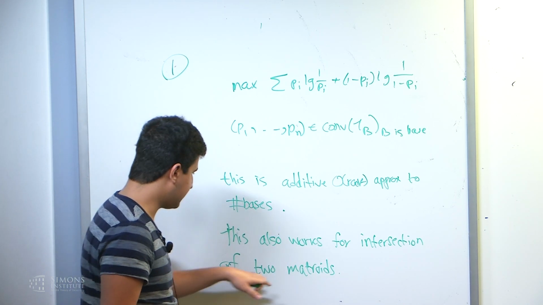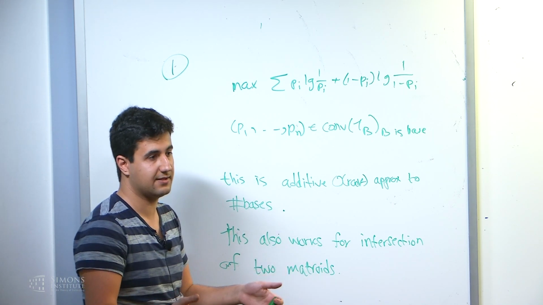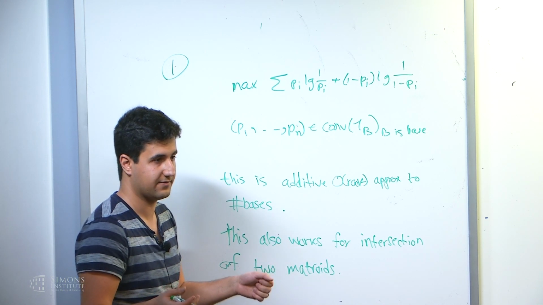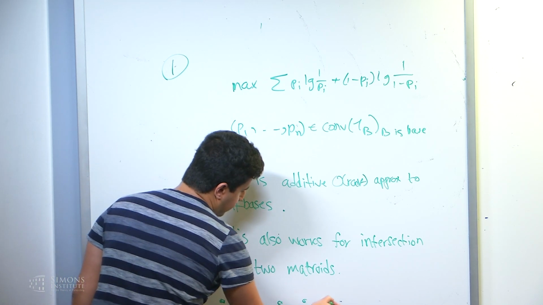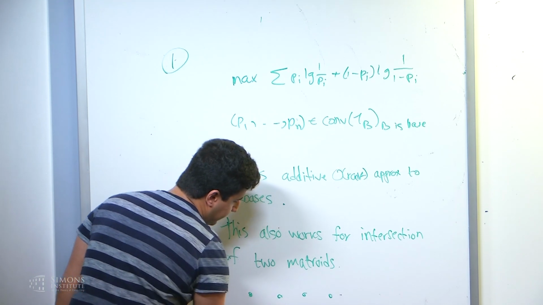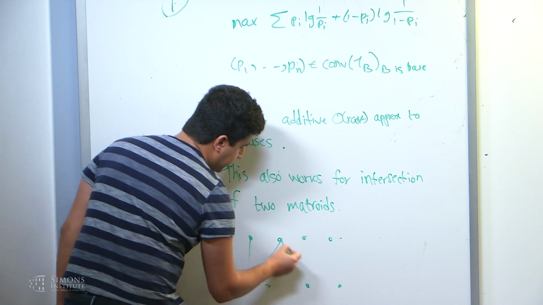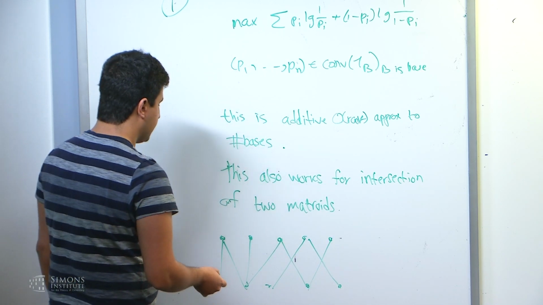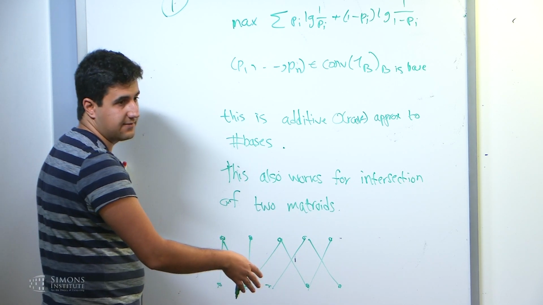So to give you an idea of what you can get from intersections of two matroids, for example, you can get the number of bipartite perfect matchings in a bipartite graph. Okay? So if you have a bipartite graph and you're looking at perfect matchings, it's exactly the intersection of two matroids. So your elements are edges, so you're looking at subsets of edges.